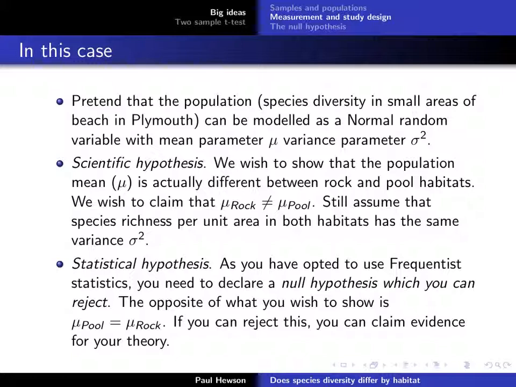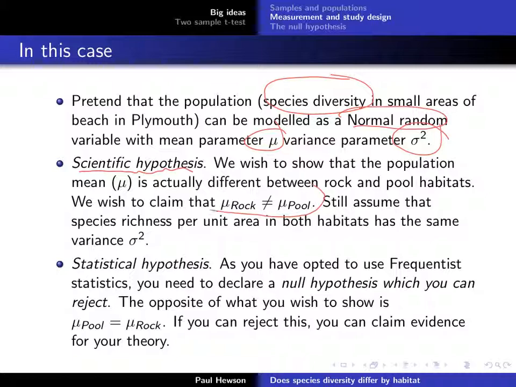So in this case, what are we going to do? Let's make it a little bit more specific. In this case, we're going to pretend that the species diversity per unit area of beach can be modelled as a normal random variable with a population mean of mu and a population variance of sigma squared. We're hoping to eventually show that the population mean is different in the two habitats.